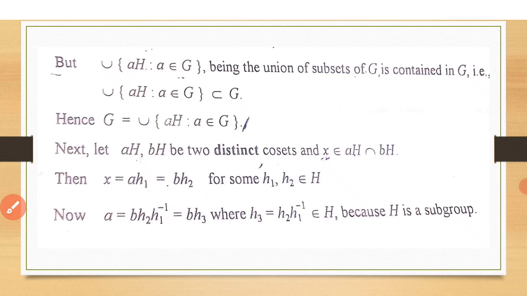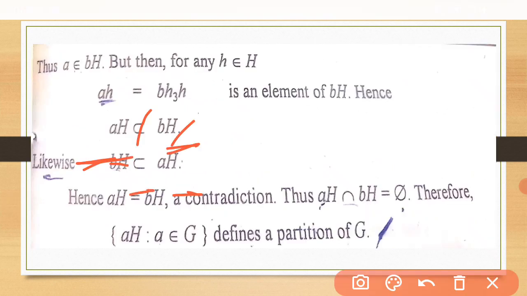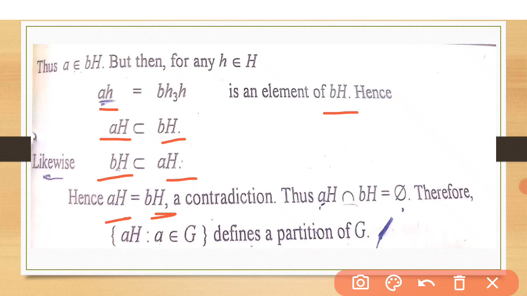But here we said that AH also belongs to BH. It means that AH is a subset of BH or BH is a subset of AH. It means AH and BH are the same coset, not different ones. We may have the same cosets.